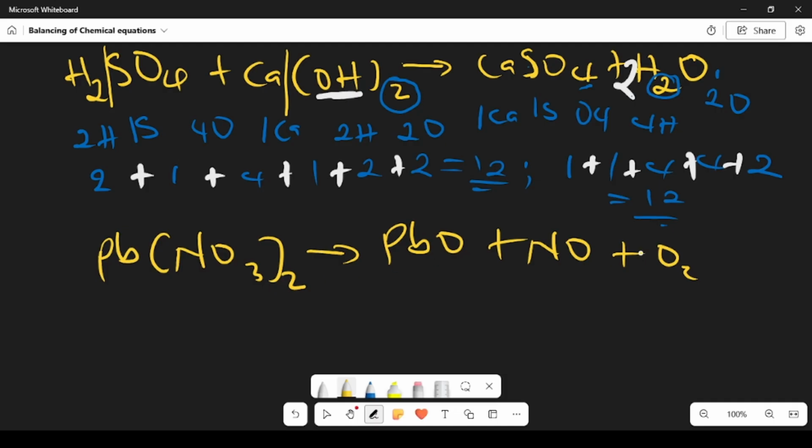If you come here and add 2 here, to make here 4 plus 1, 5 plus 1, 6. Yes, you've balanced oxygen very well. But you did not take note of nitrogen that as well has 2 atoms. You see, that is where the problem is. And this is where most students find it very difficult to understand.